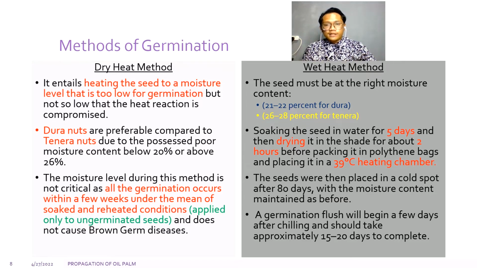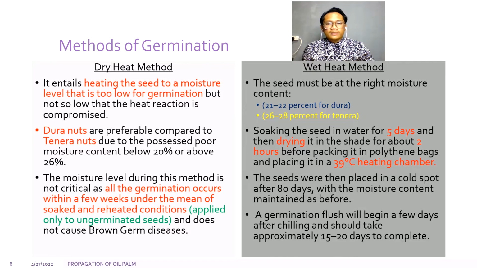In contrast, in the wet heat method, the seed must be at the right moisture content. For Dura, it is 21 to 22%, and for Tenera it is 26 to 28% moisture content.